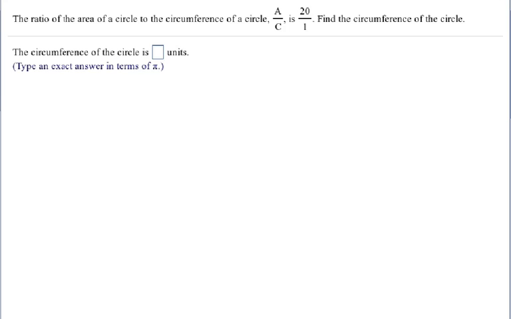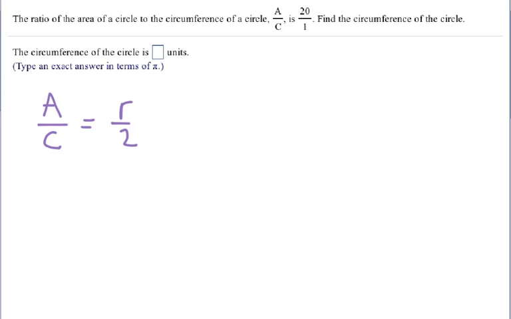All right, let's take a look at the next one. The ratio of area of a circle to the circumference of a circle, A over C, is 20 over 1. Find the circumference of the circle. So if we know that the ratio of area to circumference is 20 over 1, and by our notes on the front page of this video, we know that the ratio of area to circumference of any circle is the radius over 2.